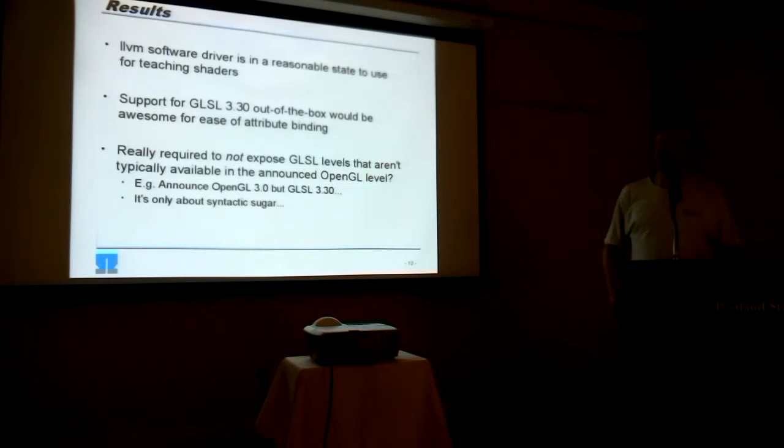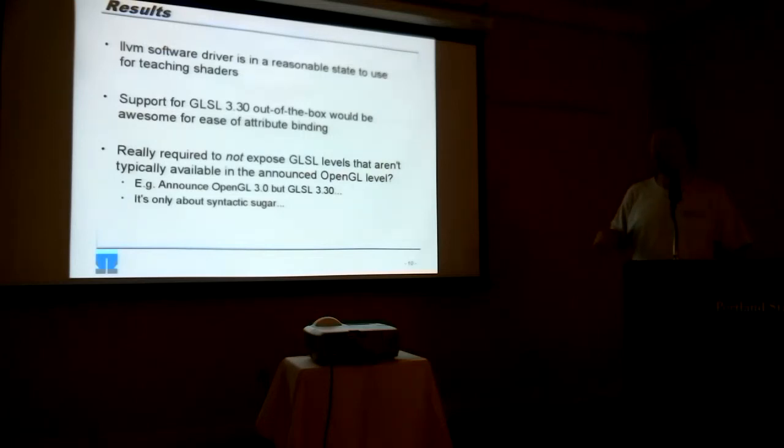Support for GLSL 3.30 out of the box would be awesome. And as far as I understood, it will come soonish. But the question was rather, is it really required to not expose GLSL levels that aren't typically available in the announced OpenGL level, because the GLSL has information about features that are not yet supported by the according OpenGL level?